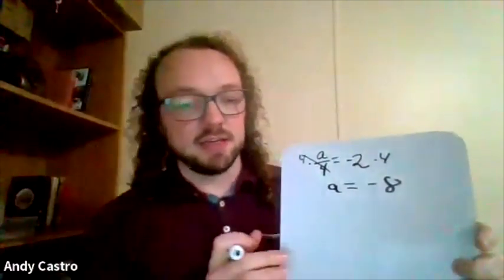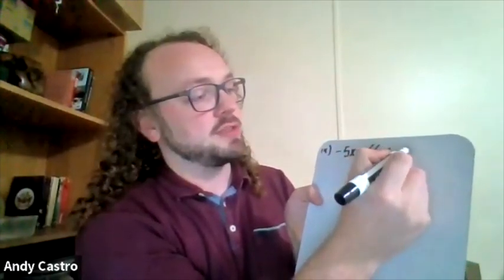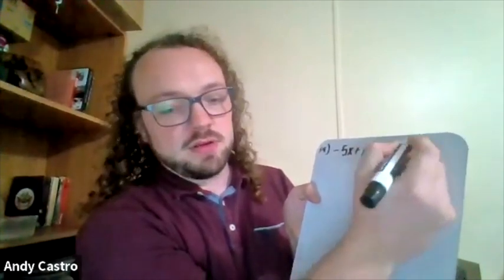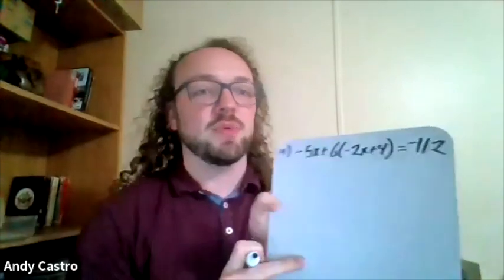All right, let's look at another example from homework 3. This is question number 19. This is a multi-step problem where we're going to be solving for x. So we've got minus 5x plus 6 times (-2x plus 4) equals -112.